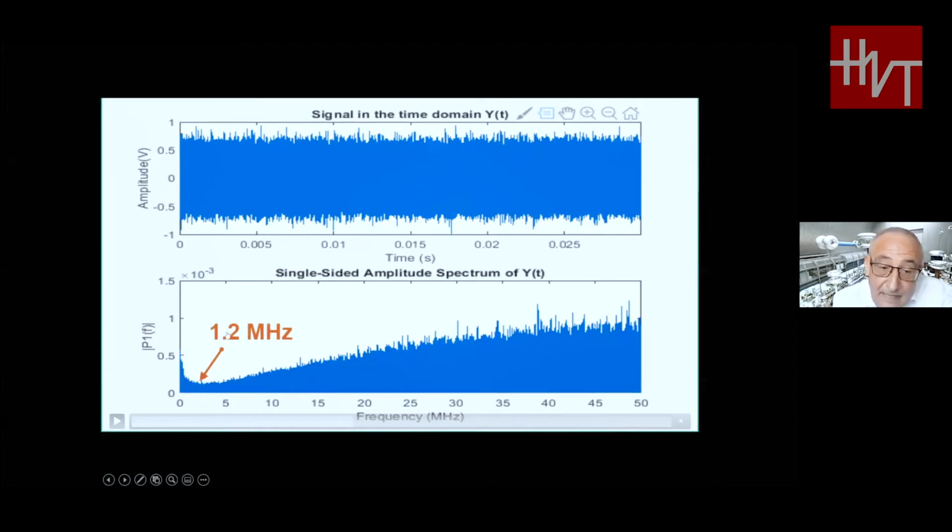In this case, it is 1.2 megahertz. This will be the central measuring frequency. I will choose this frequency. And what bandwidth? Plus or minus 0.5 megahertz is a typical range that you can measure in order to acquire the information.